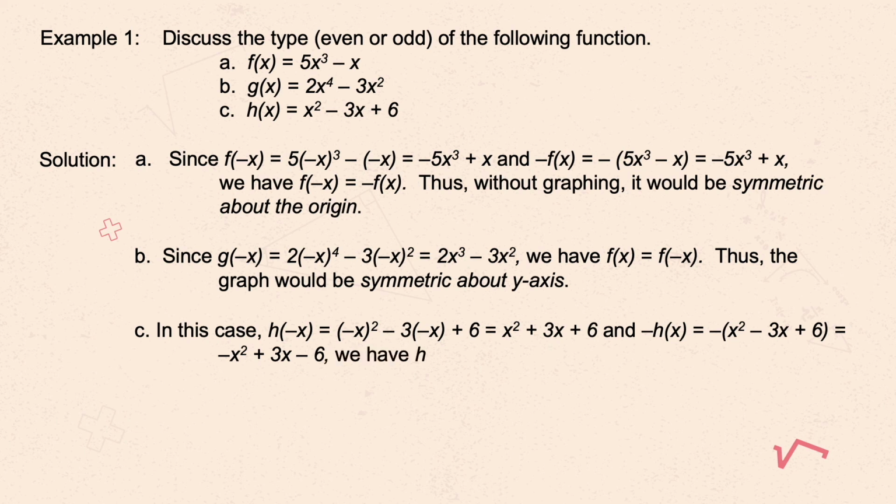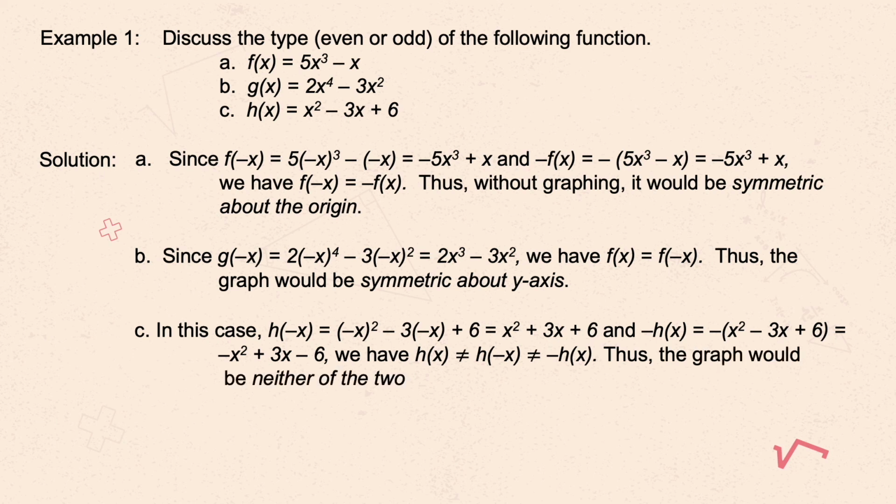Now we have here a situation that h of x is not equal to h of negative x, at the same time not equal to negative h of x. So therefore, we can say that if we graph this h of x, the graph would be neither symmetric about the origin nor the y-axis.